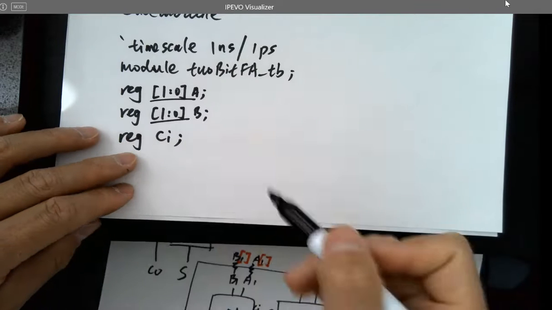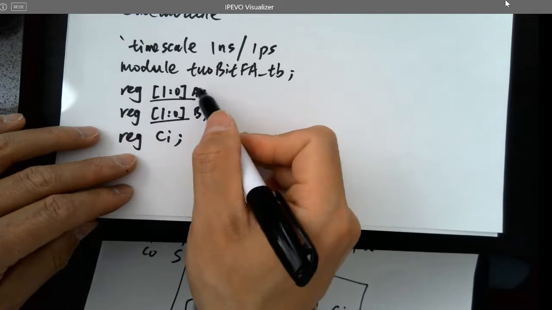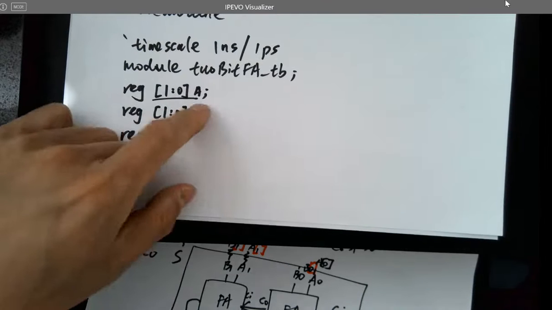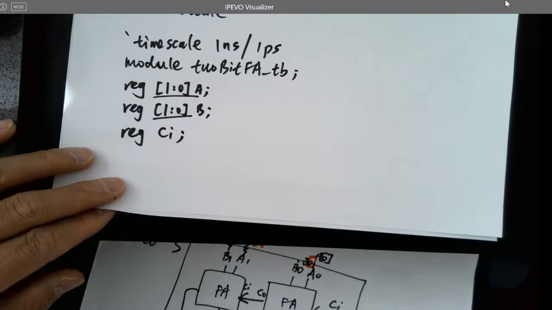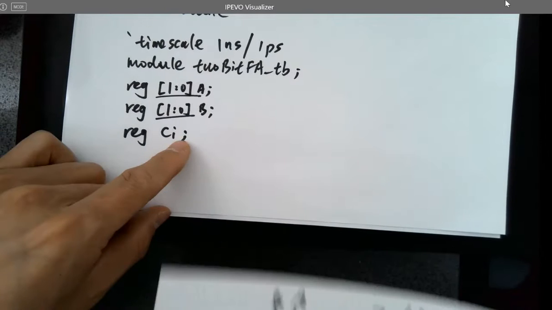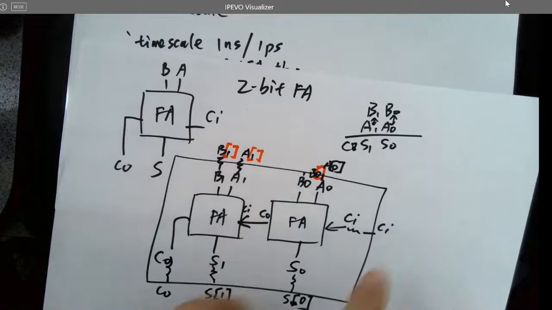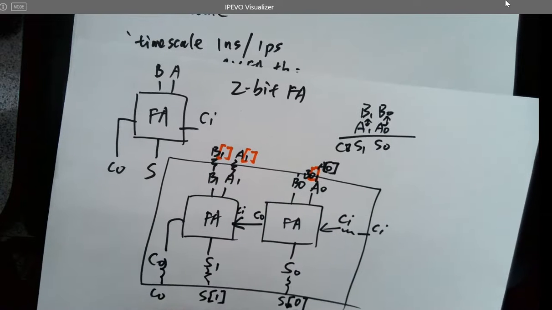When you are assigning values, they are behind the variable. So A, B, CI, and you have to do these as well.